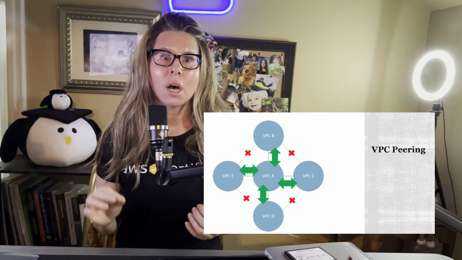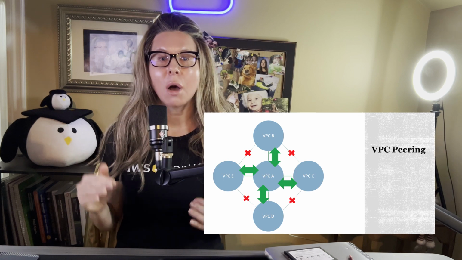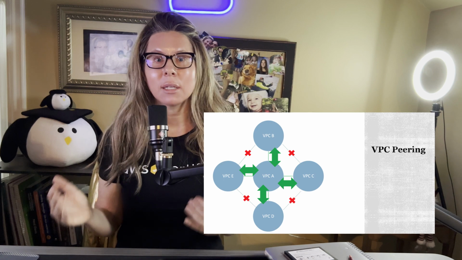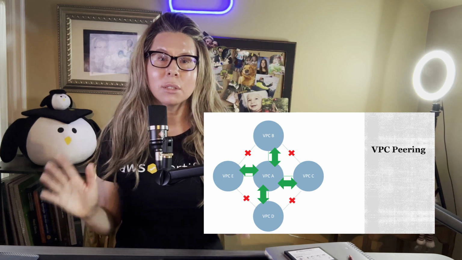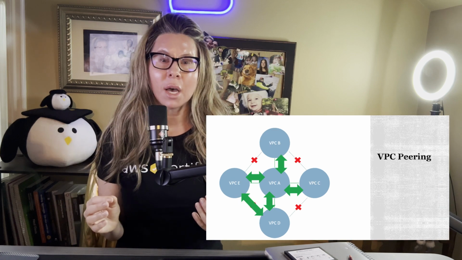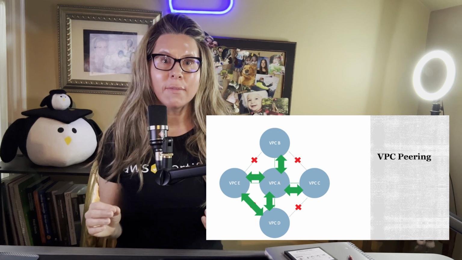So A can talk to B, C, D, E, and B, C, D, and E can talk back to A. But B cannot talk to C, C cannot talk to E, D cannot talk to E, and so on. So if we want to set up D and E to talk to each other, we would have to create a peering connection between them specifically.